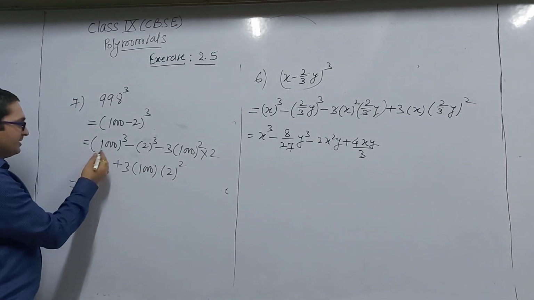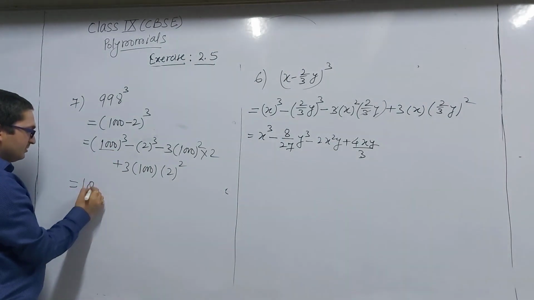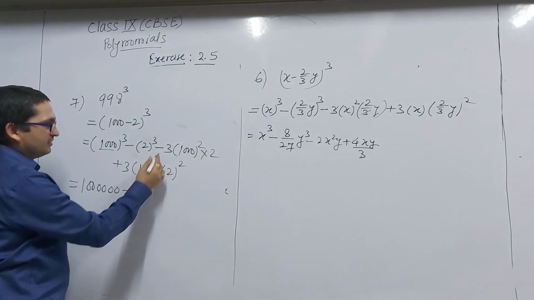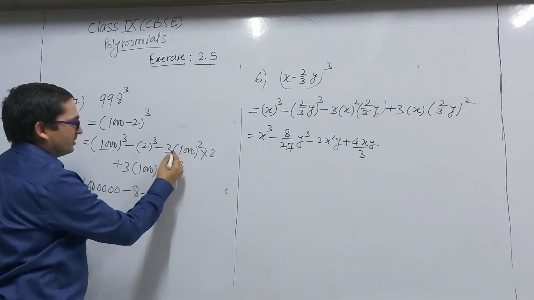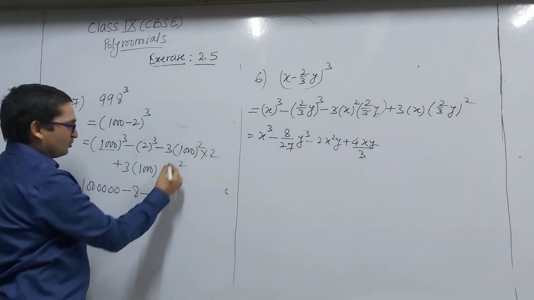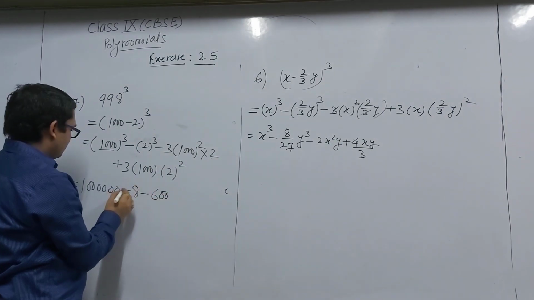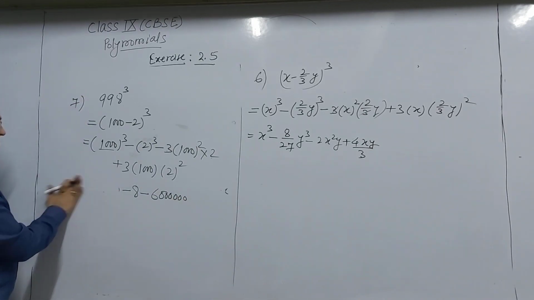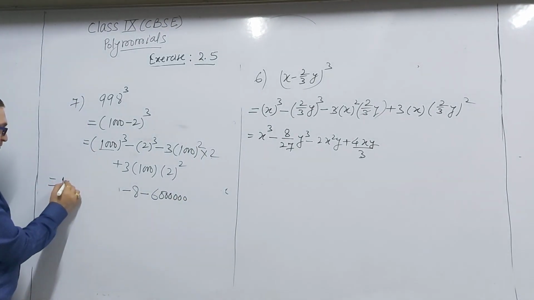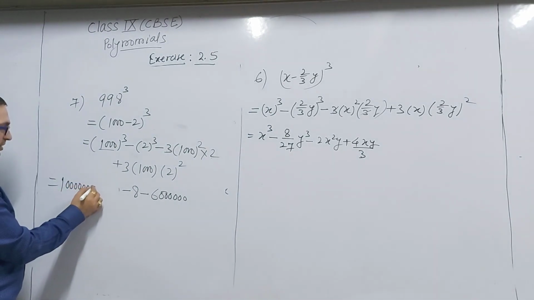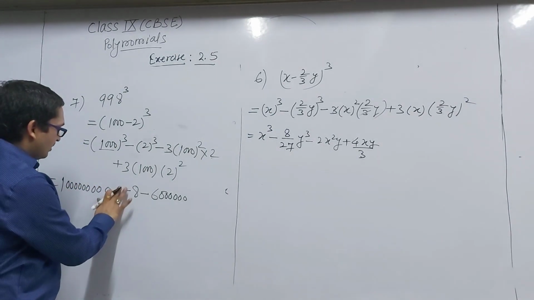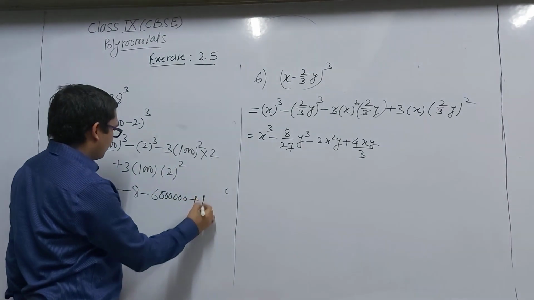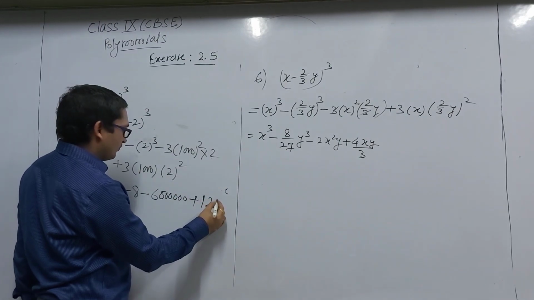Now multiply. Cube means how many zeros? 6 zeros will come, 1 2 3 4 5 6, minus 8, and then minus 3 into 1000 square into 2, that is 6 with 6 zeros, then plus 3 into 1000 into 2 square, 2 2 4, 4 3 12, that is 12,000.